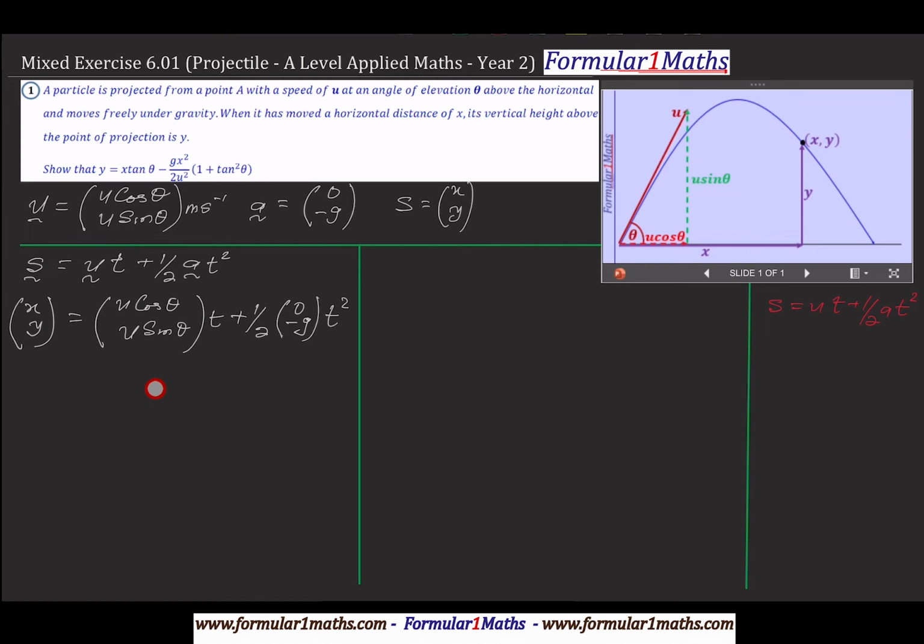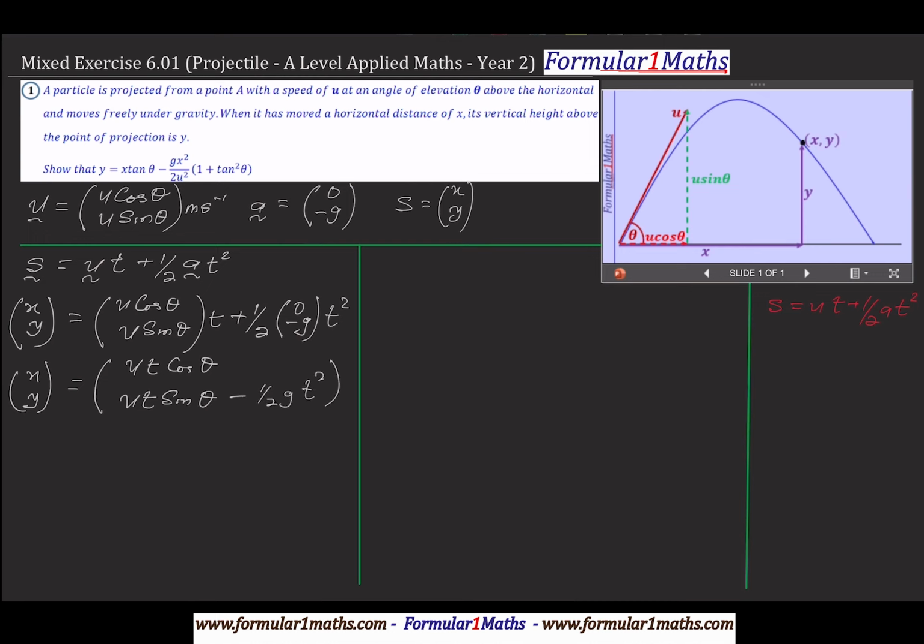If I simplify this side of the equation, I'm going to get x, y is equal to ut cos theta and then ut sin theta minus half gt squared.